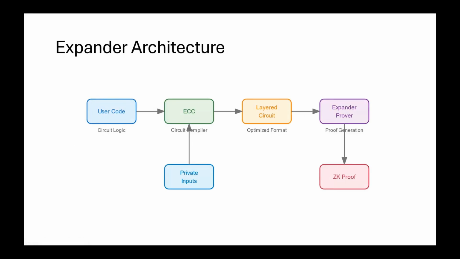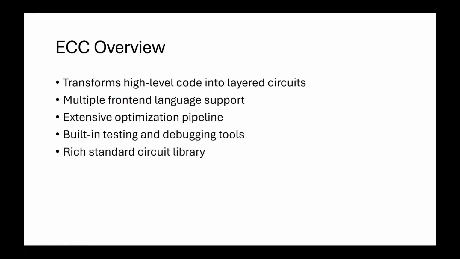In the Expander architecture, the user writes circuit code and then uses the ECC compiler to compile it into layered circuits like this. And the Expander Prover can use this layered circuit to generate proofs. ECC transforms high-level code into layered circuits.